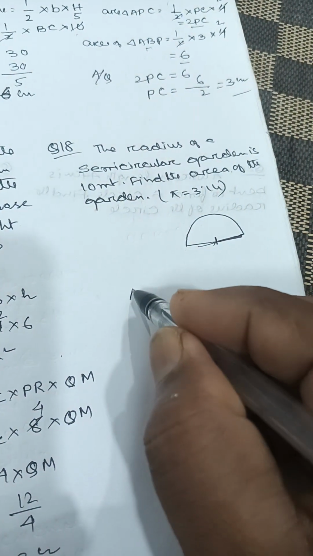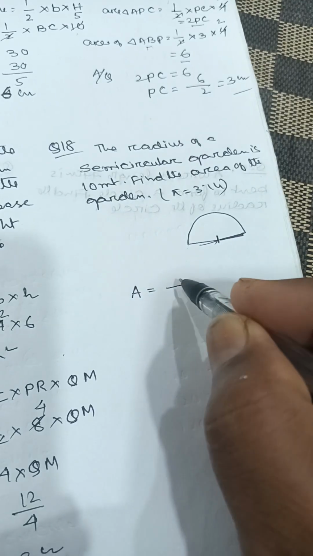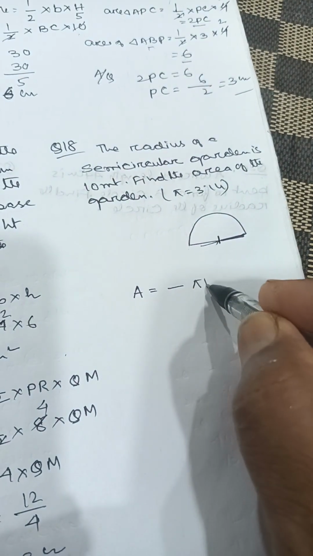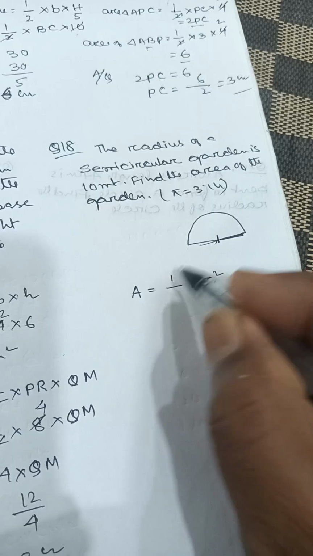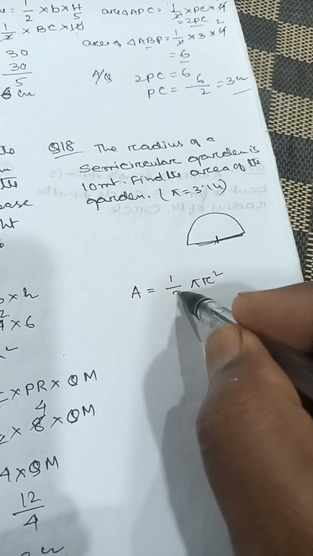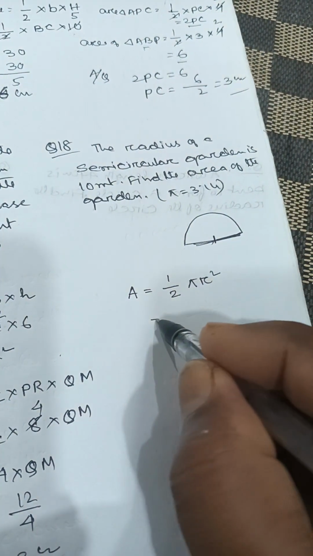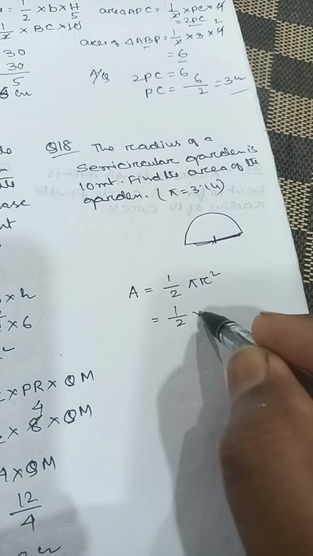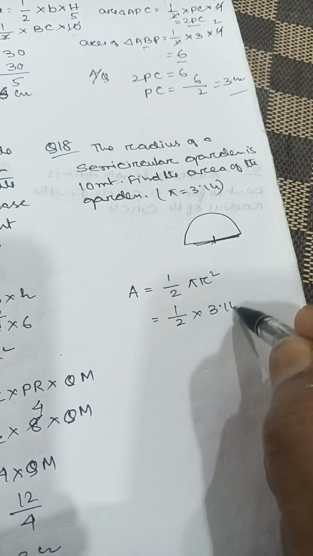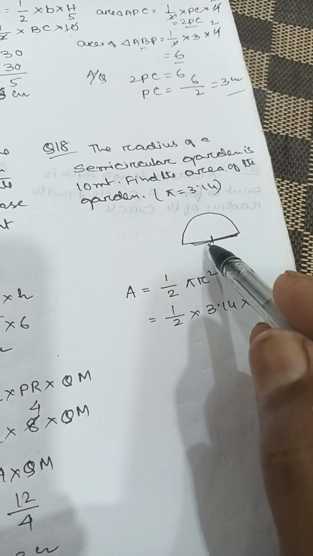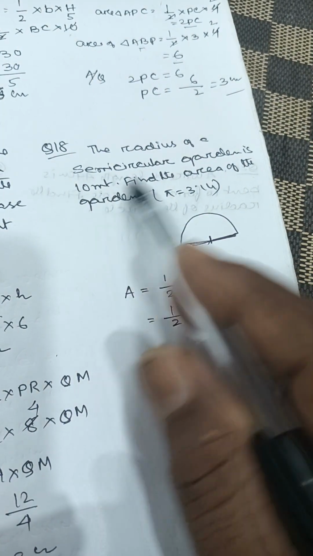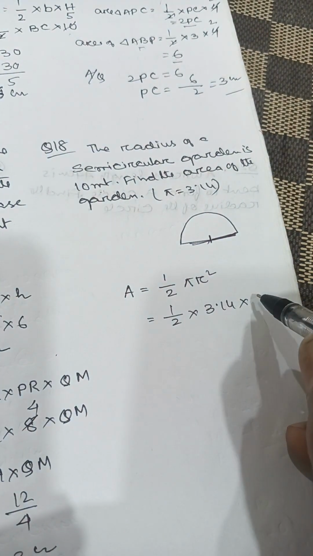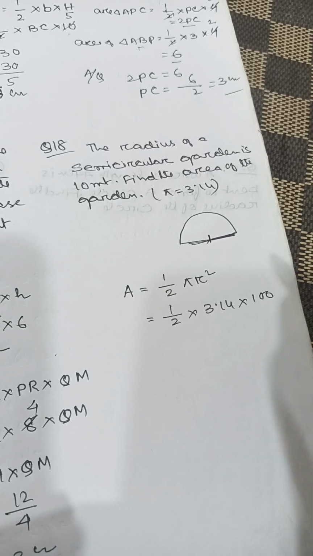You see, area of a semicircle, actually we know area of a circle is pi r square. But since it is the half of the circle, so area will be half pi r square. Now you write half pi, pi is 3.14 and r is given 10 meter. 10 square will be 100.